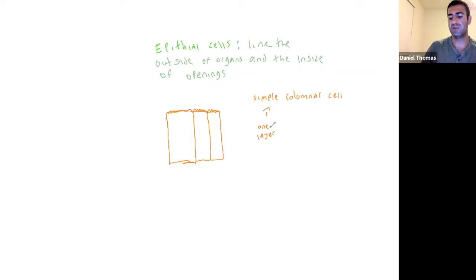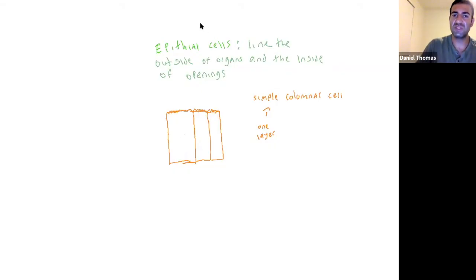Something tells me I don't need to humor you and tell you what columnar means. What does this look like? The name is true to form. So these cells are going to be continuous. You aren't going to find epithelial cells by themselves. They're going to be in some kind of tissue.